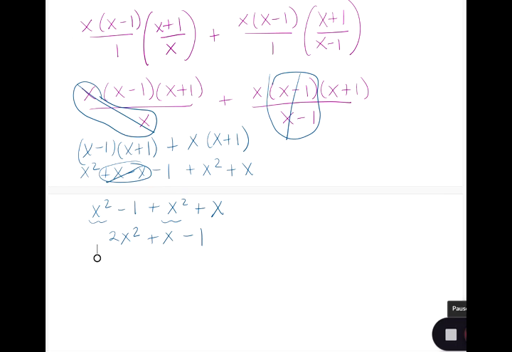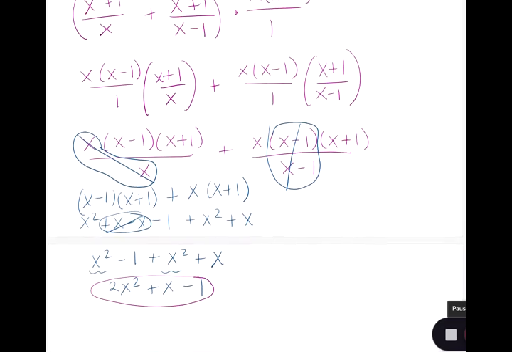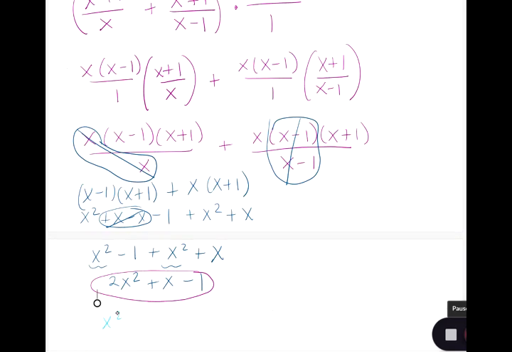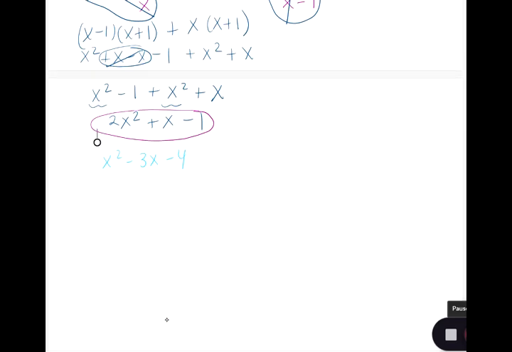And this one is our denominator. So we need to write our entire fraction now. x squared minus 3x minus 4 is the new numerator, and the new denominator is 2x squared plus x minus 1.